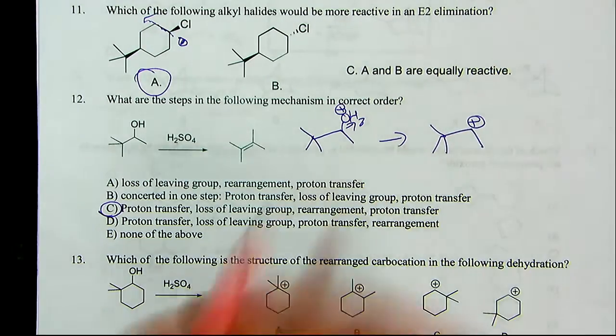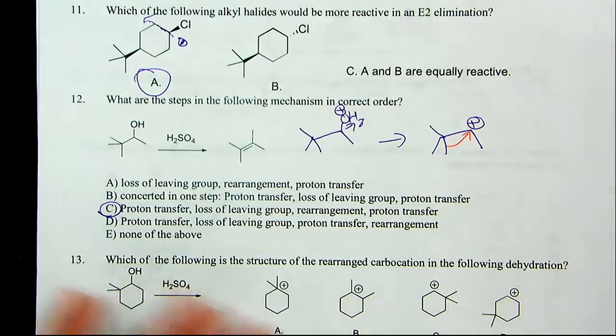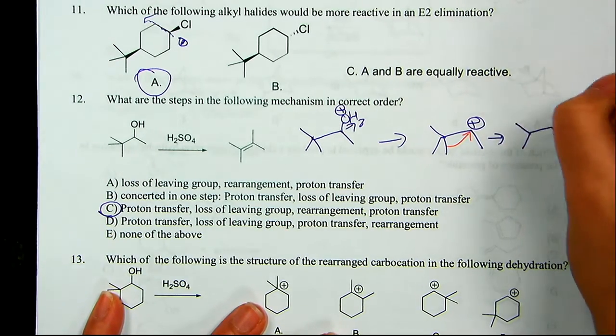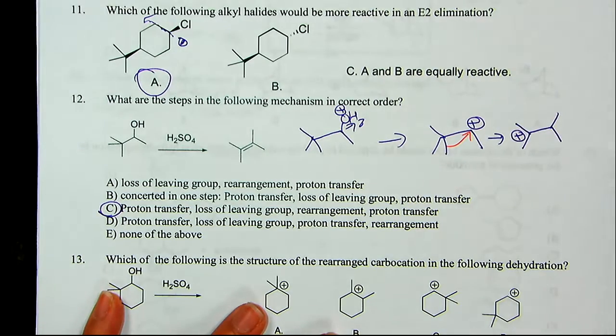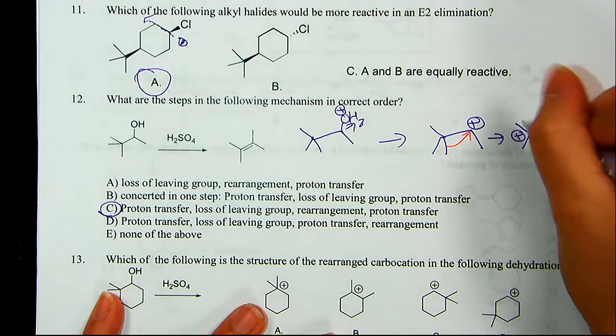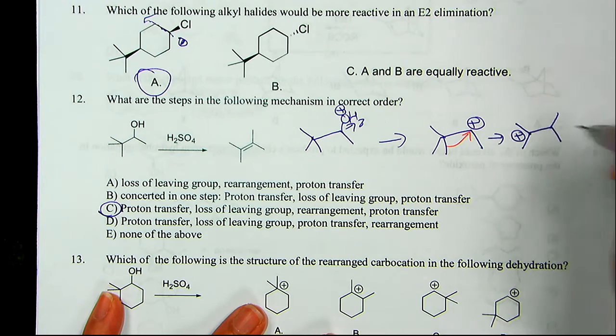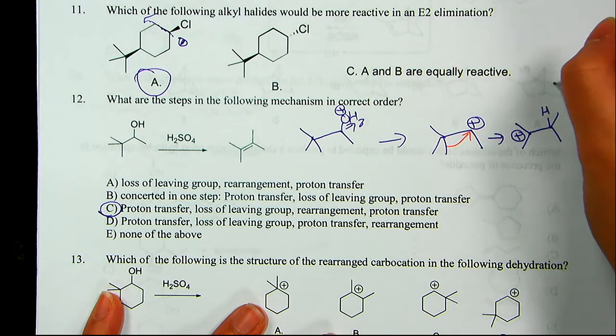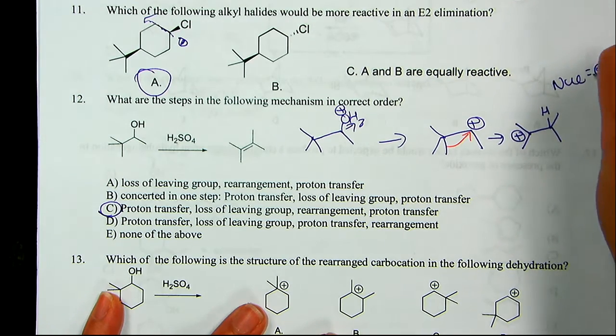To be more stable, just move a proton or a carbon there, methyl transfer. Then you get a positive charge at the tertiary position, and then you'll have a hydrogen right over here that's going to get extracted by the sulfuric acid.